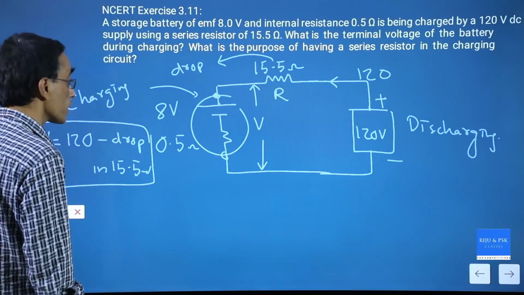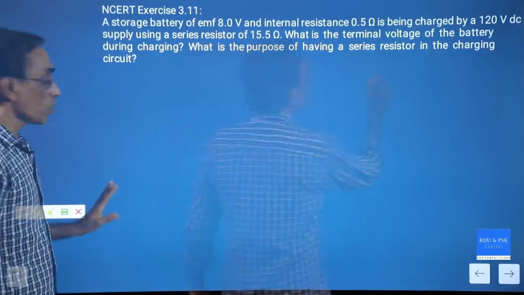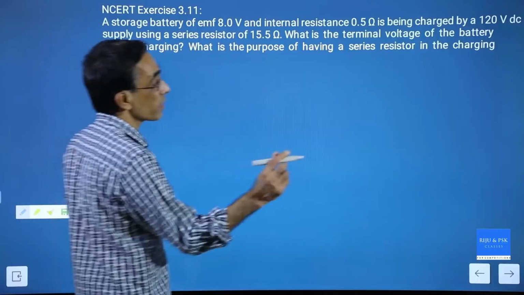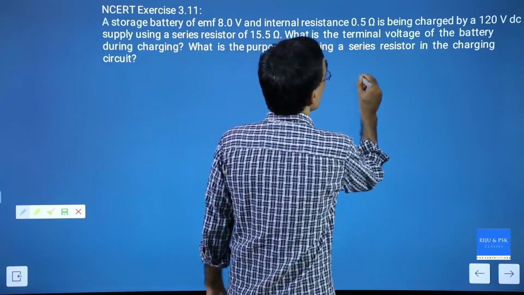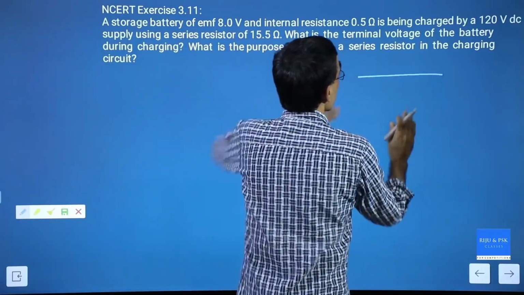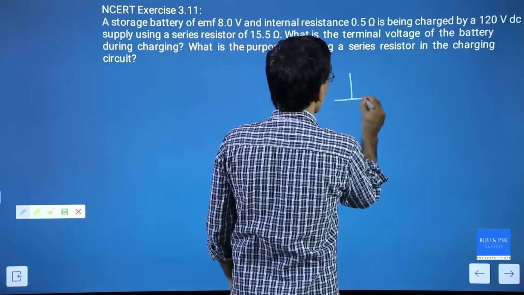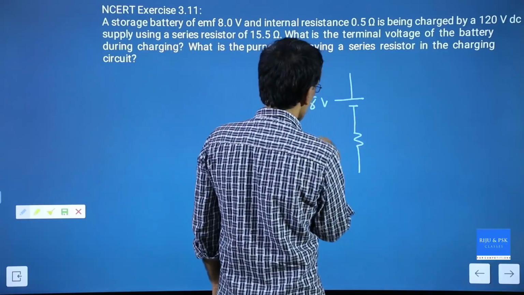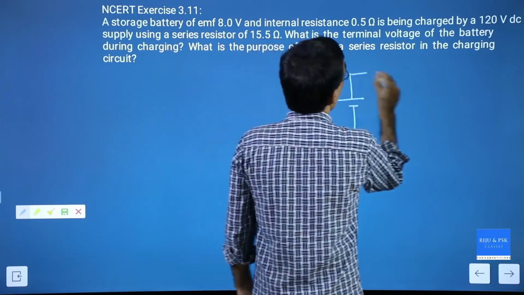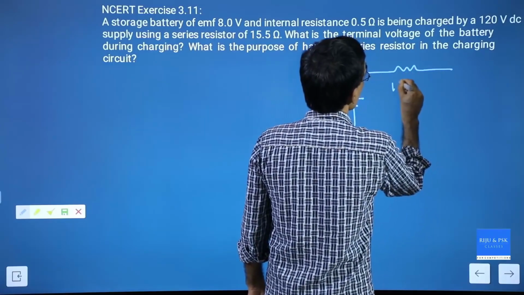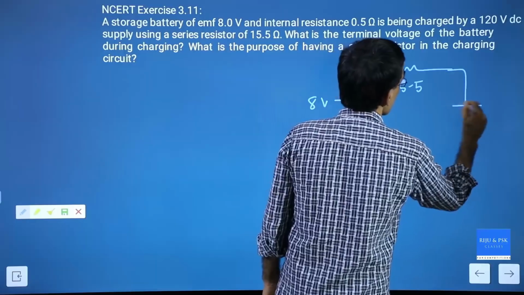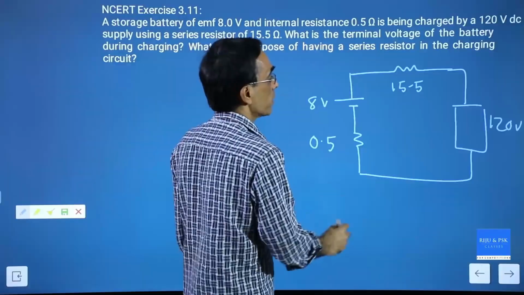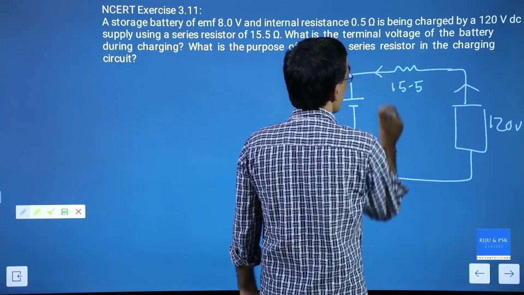Let me clear this picture and redraw it here, because there is some technical problem with the sheet. The circuit has a cell of 8 volt EMF with internal resistance 0.5, a series resistance of 15.5, and a 120 volt external source connected like this. A current will flow like this.